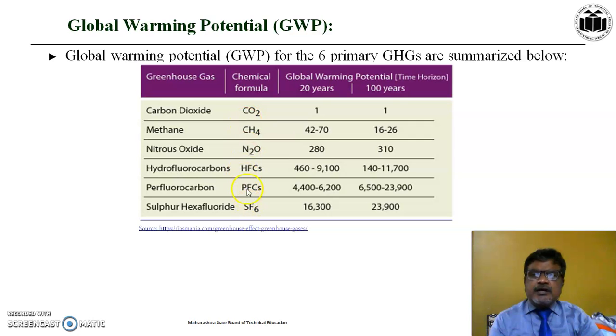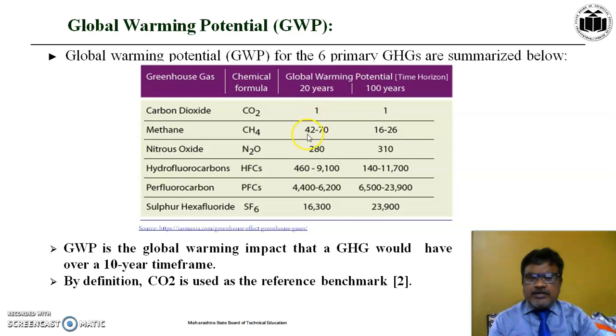These are the 6 greenhouse gases, and the global warming potential for 20 years: carbon dioxide is 1, methane is 42 to 70, nitrous oxide 280 times that of carbon dioxide, hydrofluorocarbon 460 to 9100 times, perfluorocarbon 4400 to 6200 times, and sulfur hexafluoride 16,300 times that of carbon dioxide.